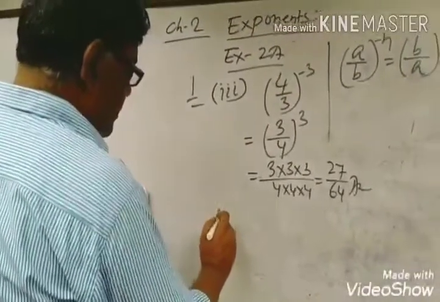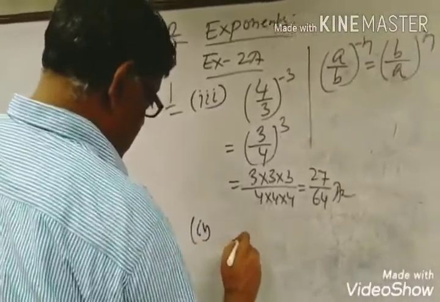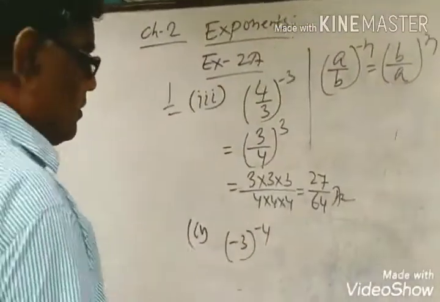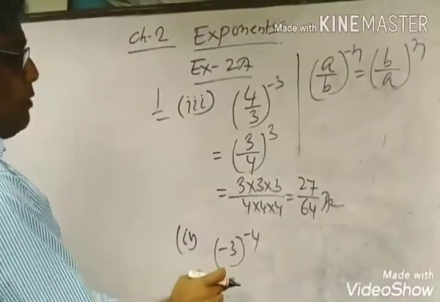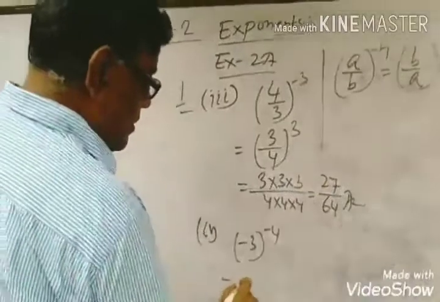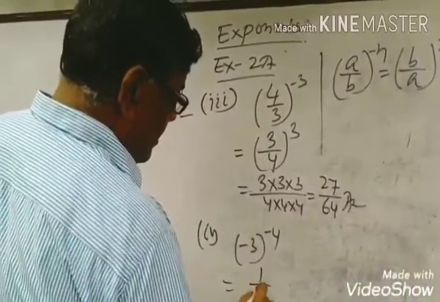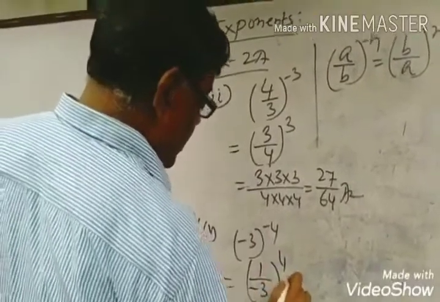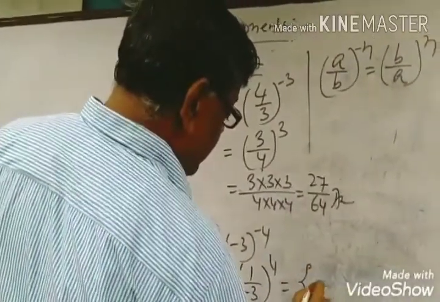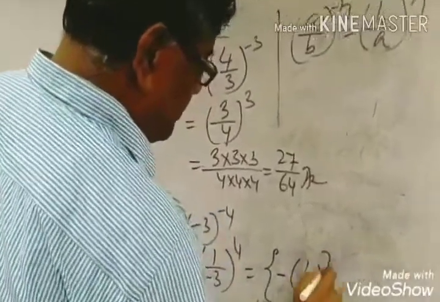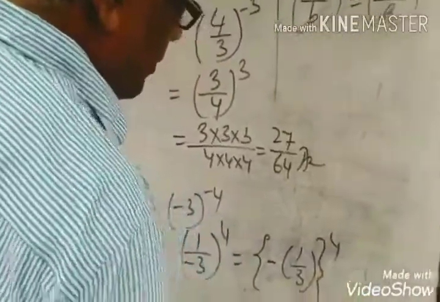Question number 4. (-3) to the power minus 4. We will use the same law of exponent. 1 by (-3) to the power 4 equals, we can write (-1/3) to the power 4.